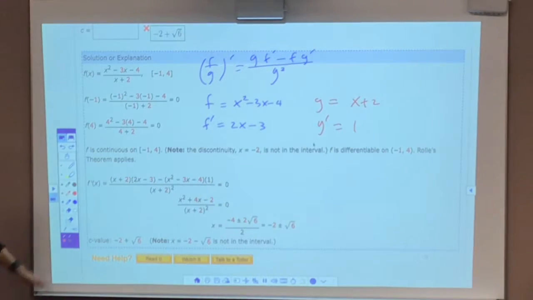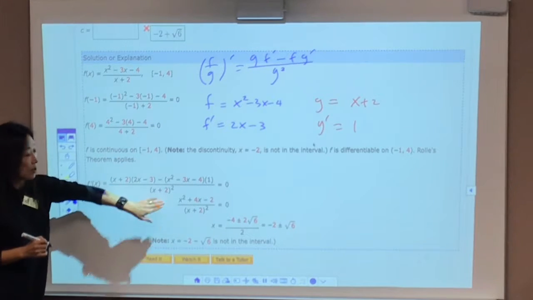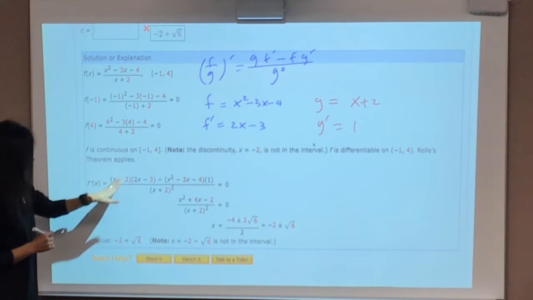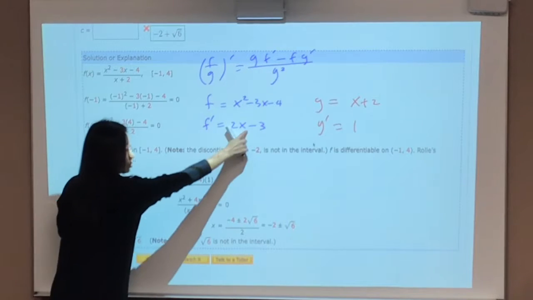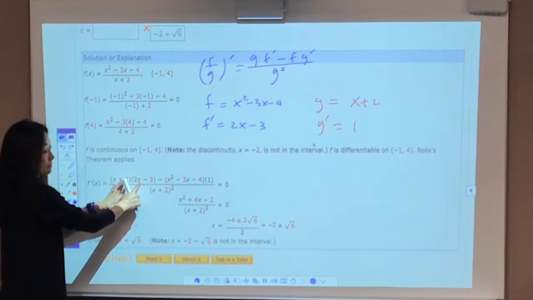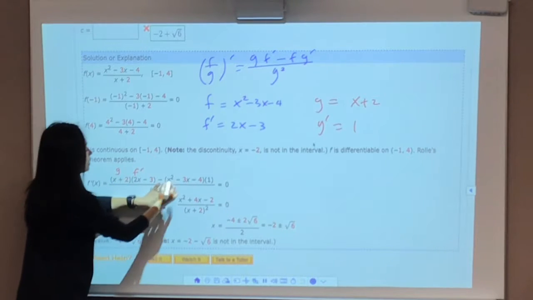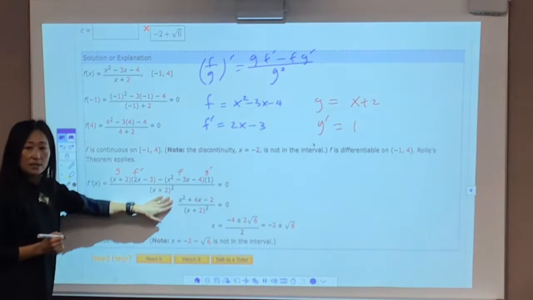Is everybody with me? I'm just plugging into my formula. So g squared, which is x plus 2 squared, and x plus 2 times f prime, 2x minus 3, right here. This is my g, this is my f prime, this is my f, this is my g prime. Does everybody see that?